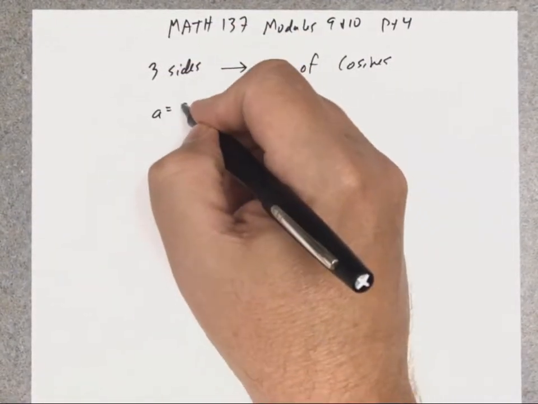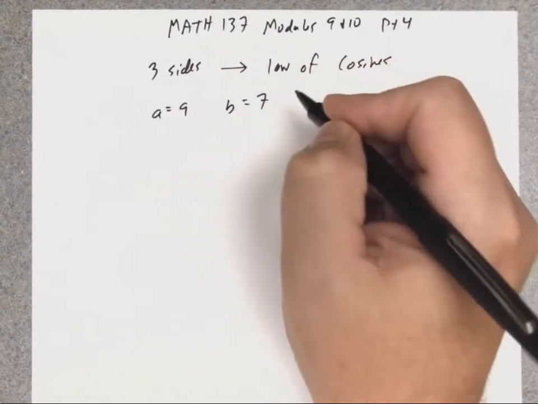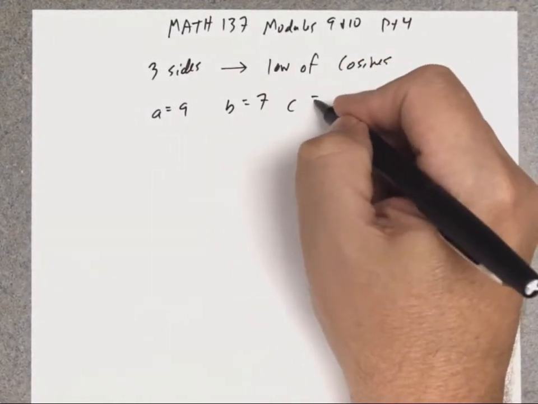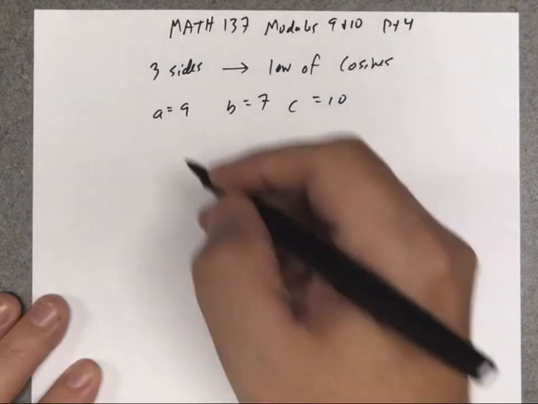It's pretty straightforward. Side A is 9, side B is 7, side C is 10. So which angle do you start with? It's really your choice, it doesn't matter.